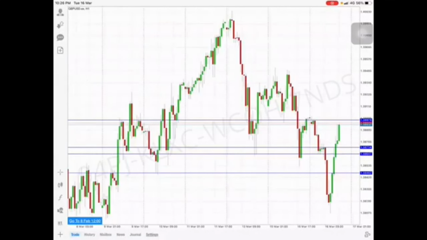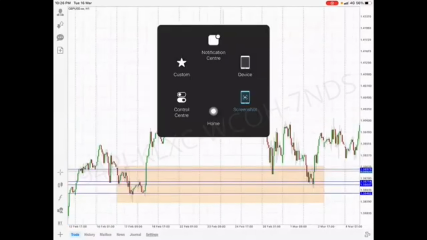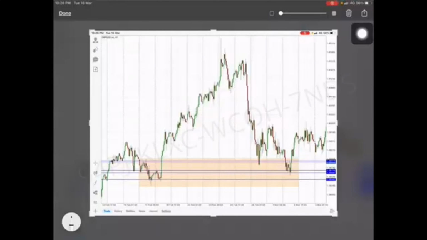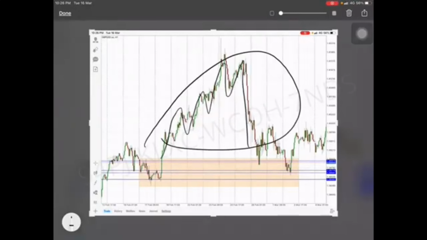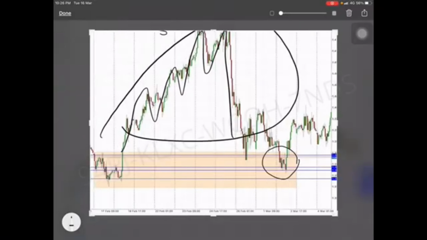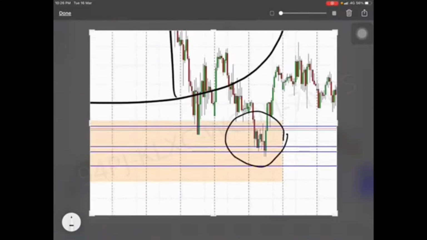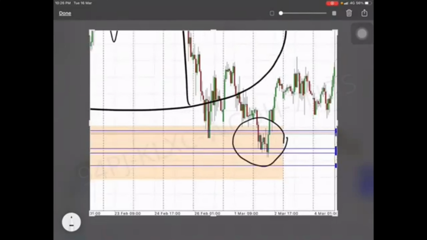Before that, let me ask you first. Is there a sideways pullback? Yes. Is there a sideways in the zone? Yes, so this is a sideways in the zone. Okay, so now what are you looking for?